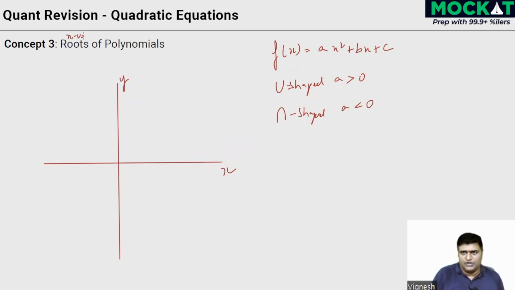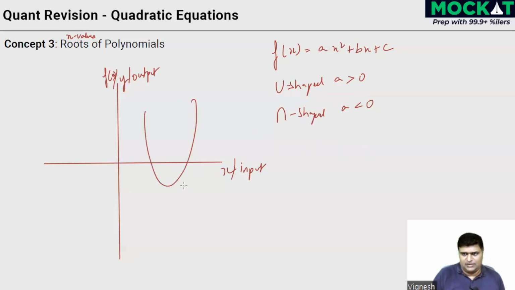Then the roots are those x values. x is the input and y is the output, y or f of x, the output axis. What are the x values, or inputs, where my output is 0?